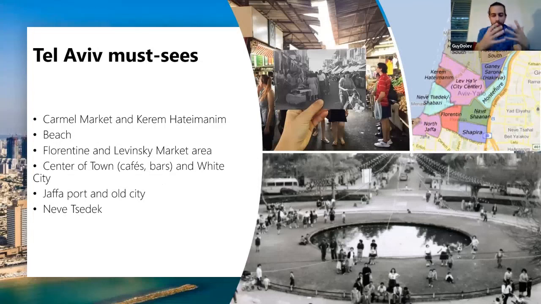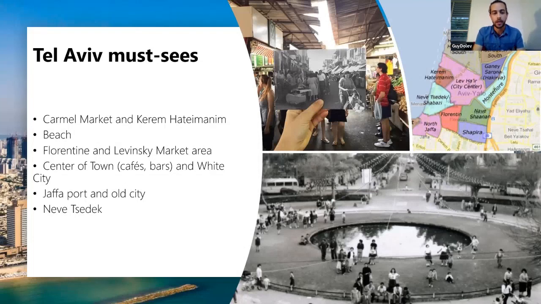So Tel Aviv must-sees. Well, as a Tel Avivian myself, I was born here and I was raised here. I can tell you, from first source, that the city is the best city. I'm completely in love with it, and there's a lot to see here. You can see in the presentation the Levi, the city center, Kerem HaTeimanim, Neve Tzedek.